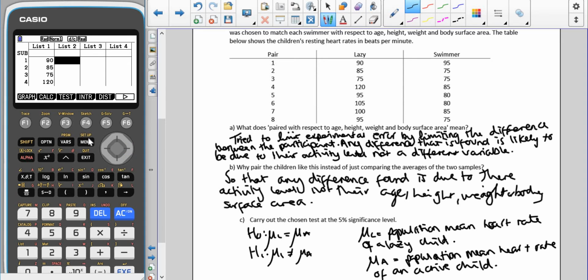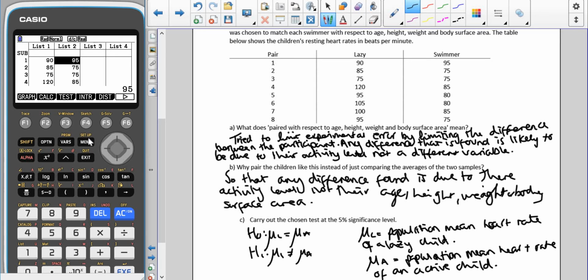And I'm going to type the swimmers into list 2. As always, quickly double check that you have entered them all correctly.